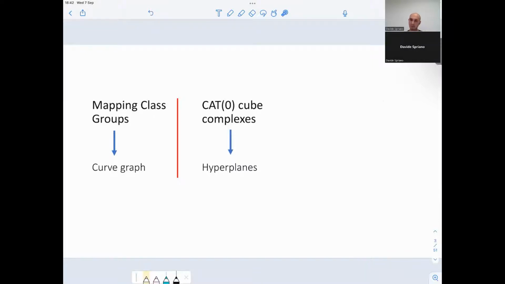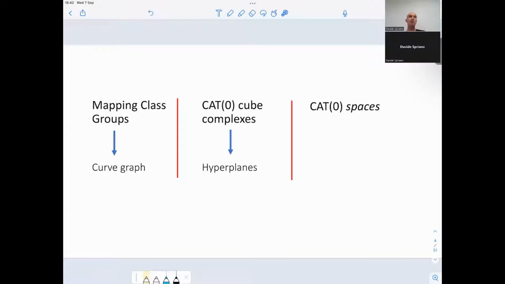But out of this picture, they have left out CAT(0) spaces. CAT(0) spaces, instead of CAT(0) cube complexes, are a much larger class of spaces, and also groups if you look at co-compact actions on them. Those tools have not really been exported to this class.